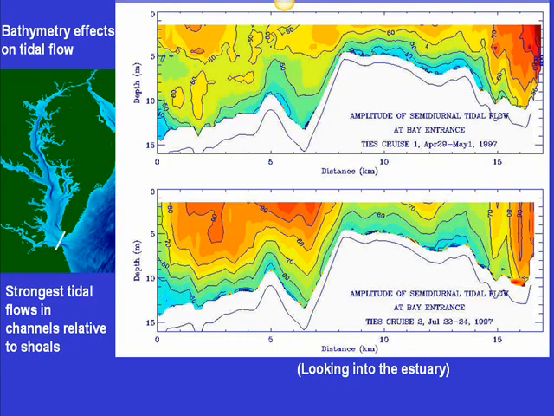What are the values of red? Yeah, 90, you have that, this is 90, 80, 70, 60, 50. These are centimeters per second. And same thing, up here we have 90, 80, 70, 60, 50, 40.